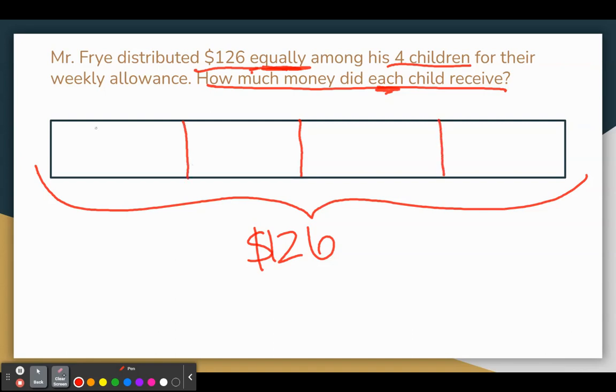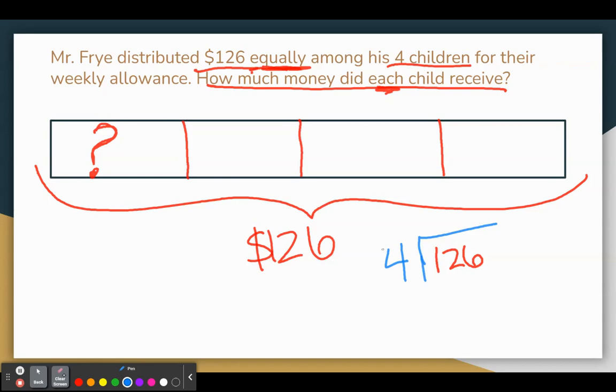And for the weekly allowance, the amount in one box is going to equal the amount that one child gets. So I have $126. I have 4 children. So I can divide 126 by 4 to find out how much is in one box.